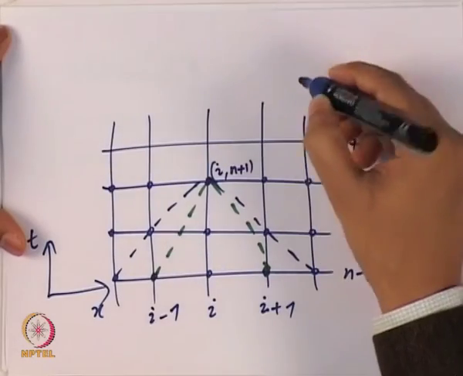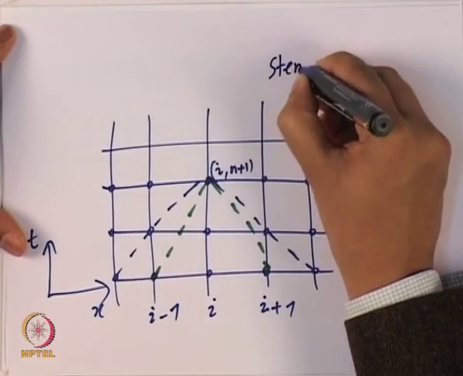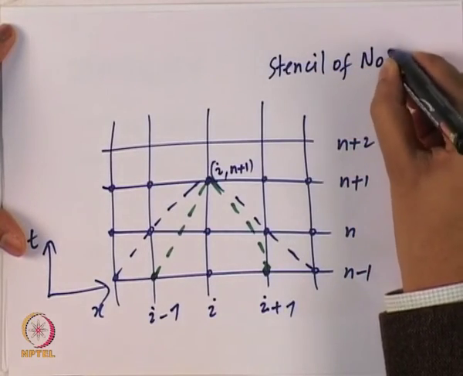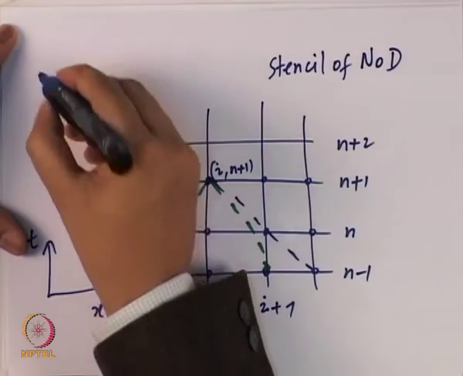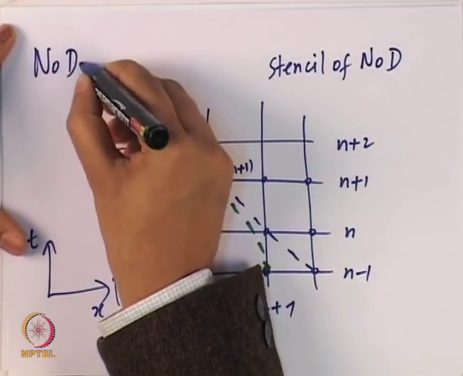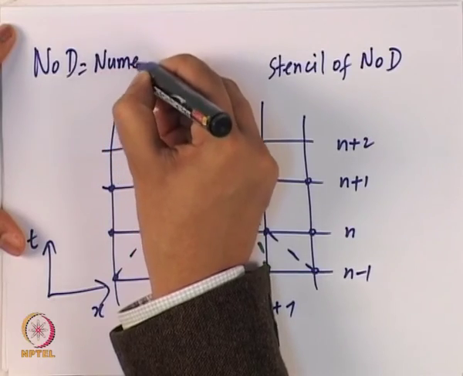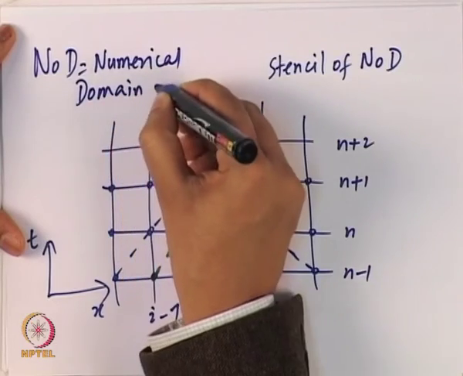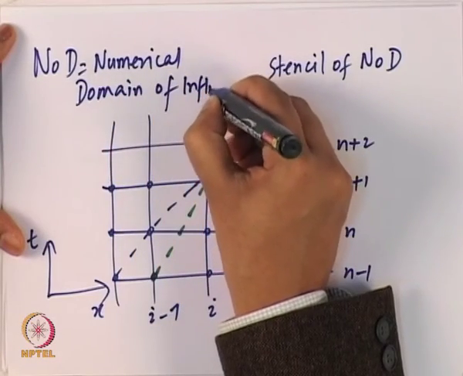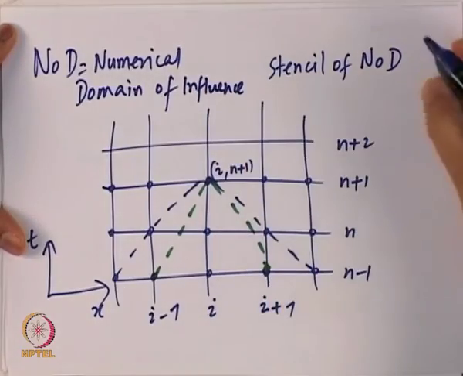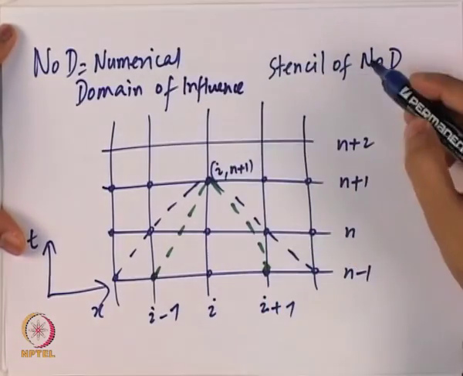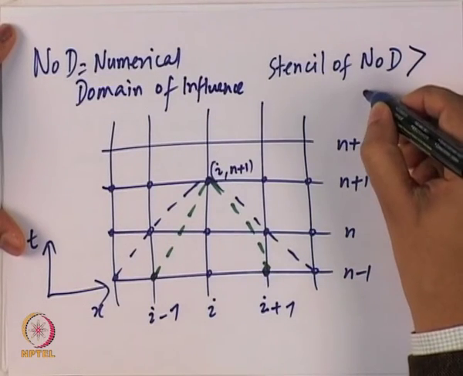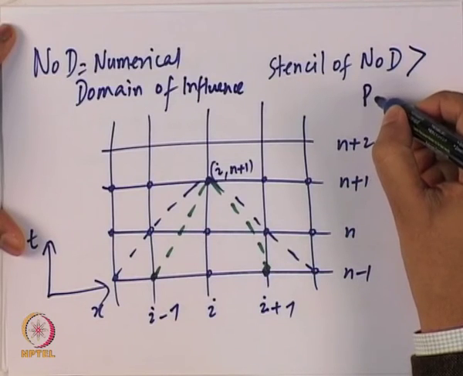In other words, the stencil of the numerical domain of influence, NDOI, I call it as numerical domain of influence, should be larger than the physical domain of influence.